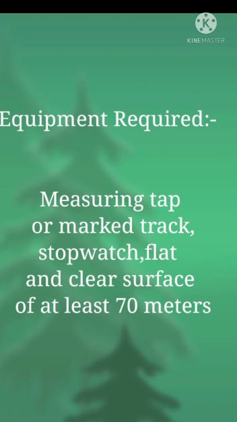Number 2, stopwatch. Number 3, cone markers. And number 4, a flat and clear surface of at least 70 meters. So all these are the equipment required in the 50-meter standing start.